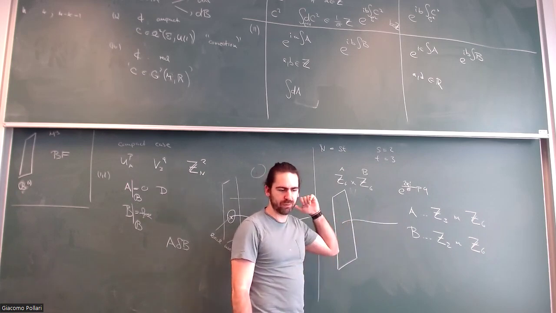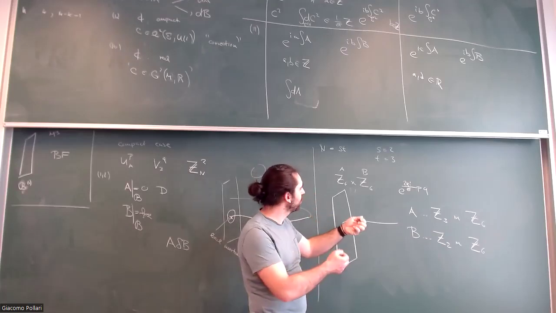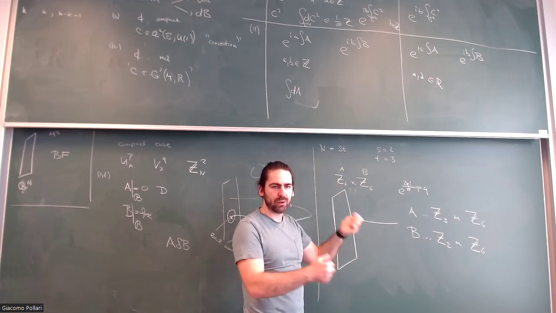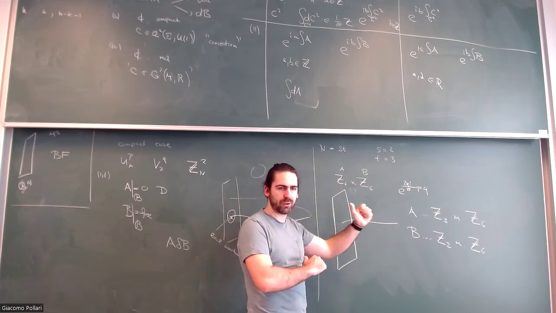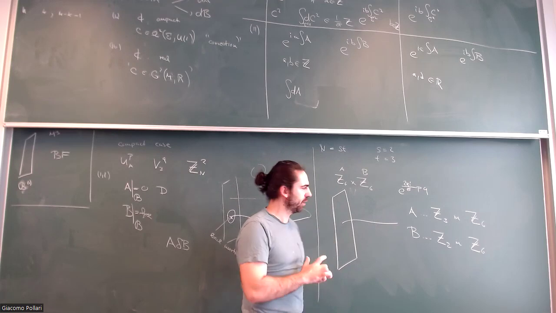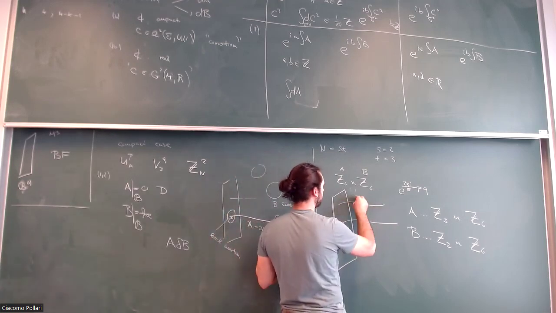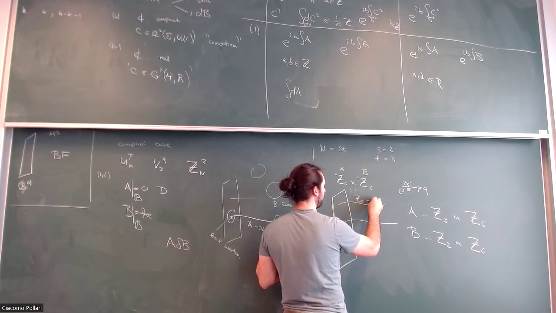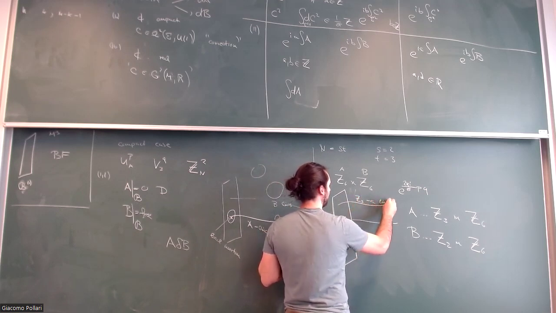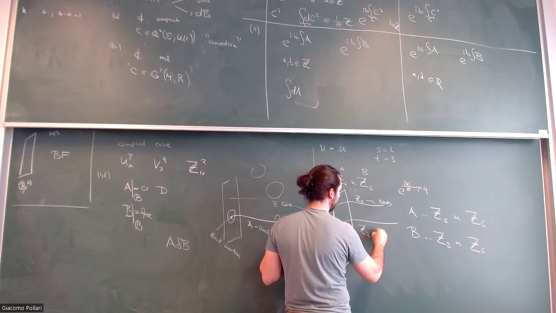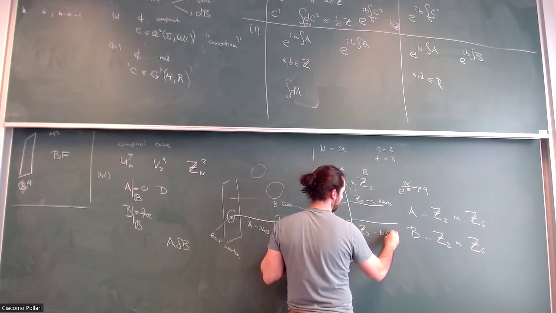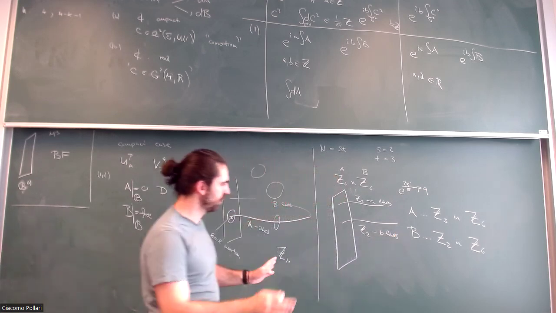That was not the case for prime n, because I could not trivially factor and have one subset and the other subset end at the boundary. But here I can do it, and I can have Z3 A lines and Z2 B lines, because they're all mutually transparent.